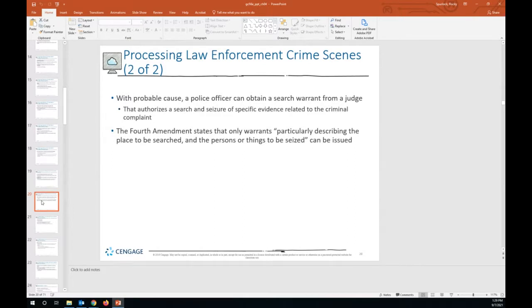With probable cause, police officers can obtain a search warrant from a judge, which authorizes a search and seizure of specific evidence that's related to a criminal complaint.